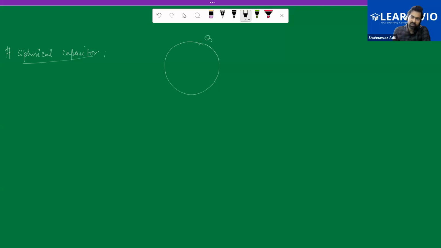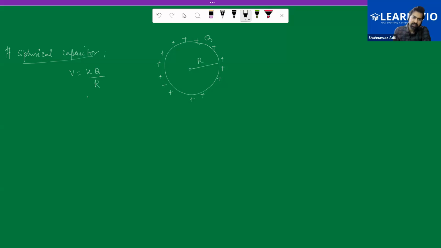And we know that what is the potential on this sphere? So potential is simply KQ by R, right? This is the radius.